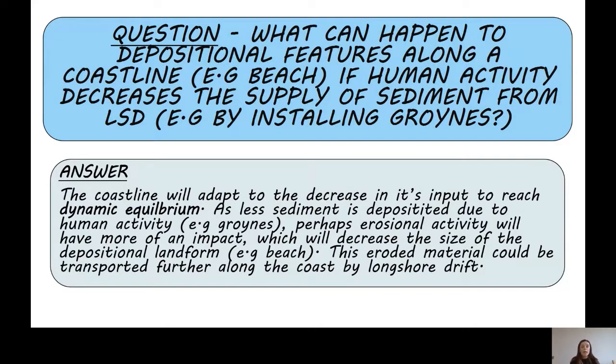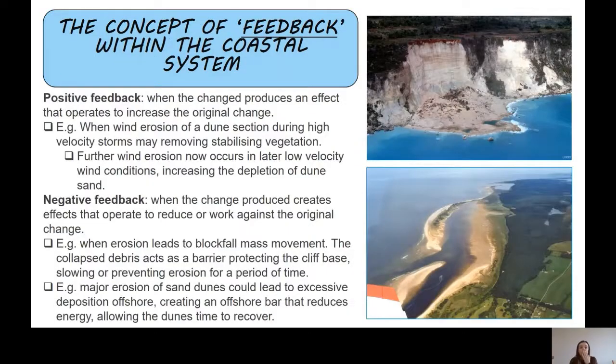Okay. An important geographical concept in geography as well is the concept of feedback within the coastal system. A positive feedback is not necessarily a good thing. I don't want you to connect positive with happy and great things, okay?